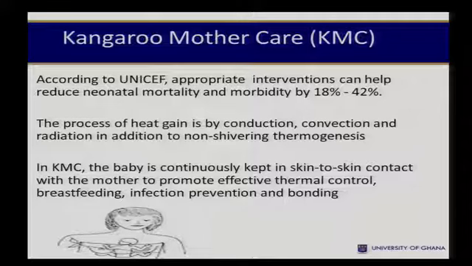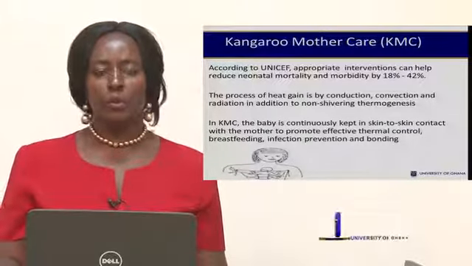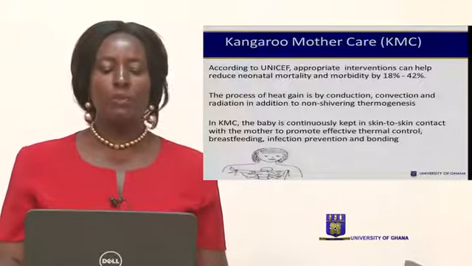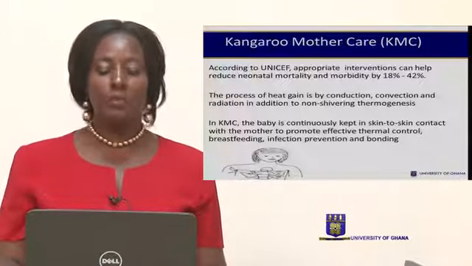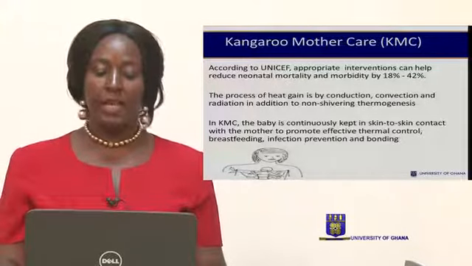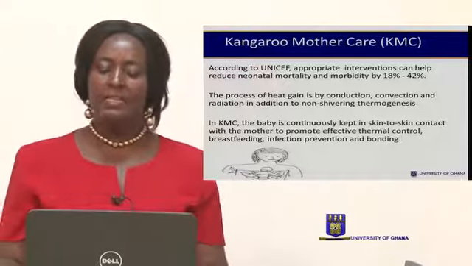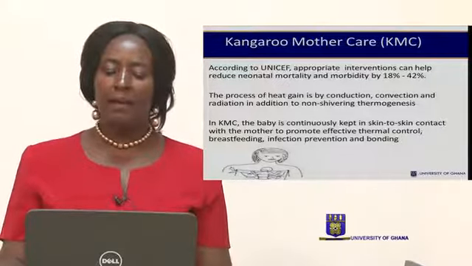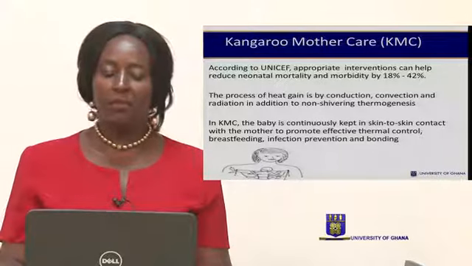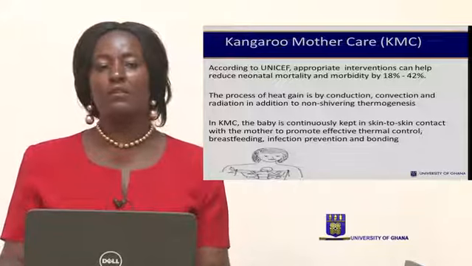According to UNICEF, about 18 to 42% of mortality and morbidity is due to hypothermia. So with kangaroo mother care, we can reduce this morbidity and mortality by a great margin. Here, the process helps the baby to gain some heat from the mother through conduction and convection. And also, the baby is in continuous contact with the mother.